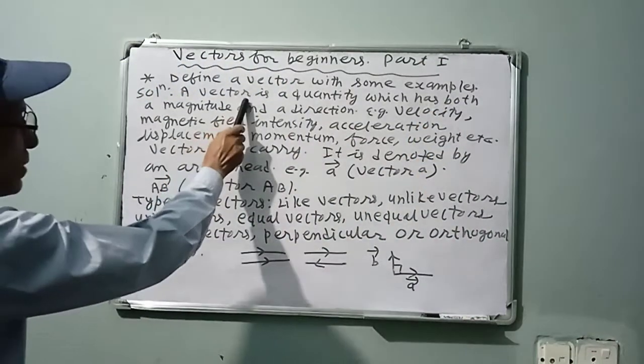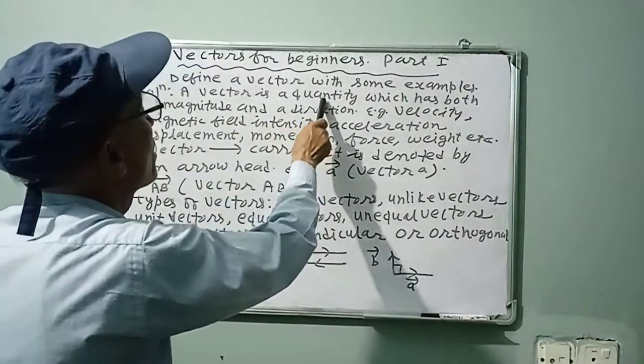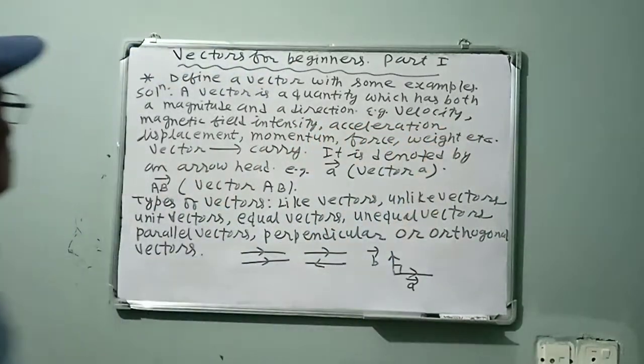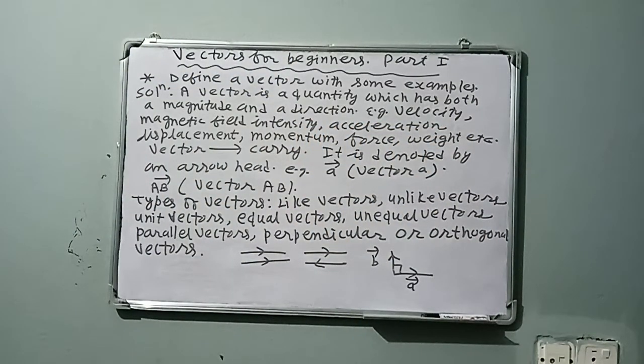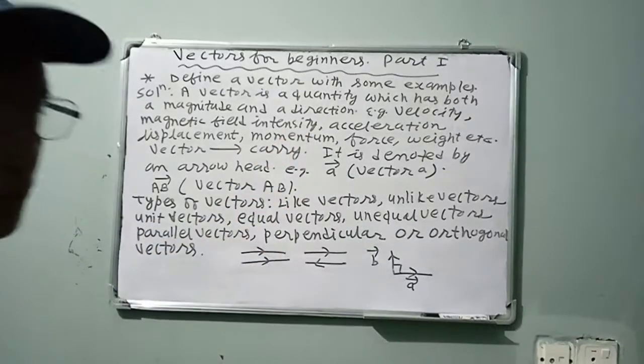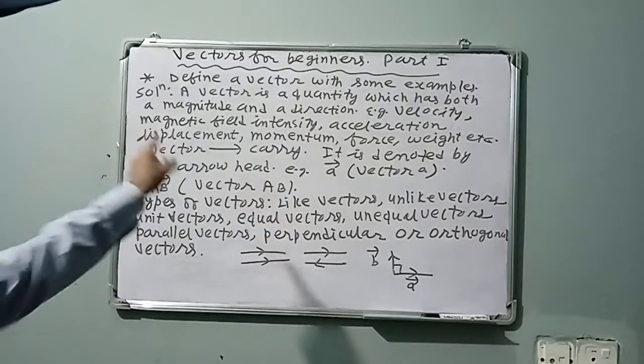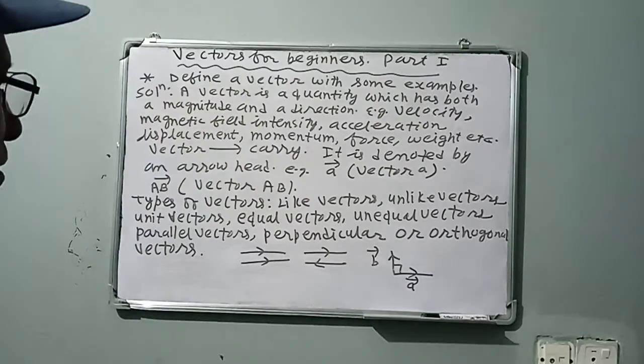Solution. A vector is a quantity, meaning a physical quantity, which has both a magnitude, meaning value, and a direction. It must have a value and it must have a direction.